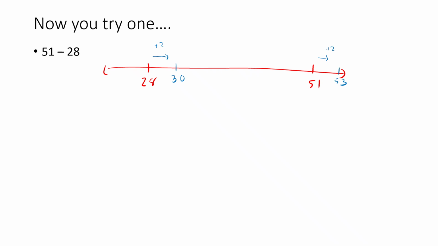My equivalent problem is 53 minus 30, which is 23. And looking at that using the traditional algorithm, we would end up doing that, okay? But the number line is, I think, a better way to do it.